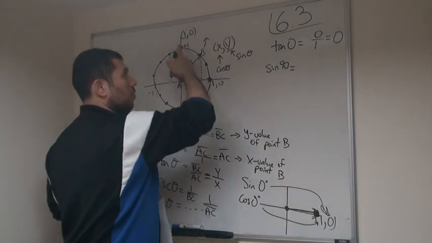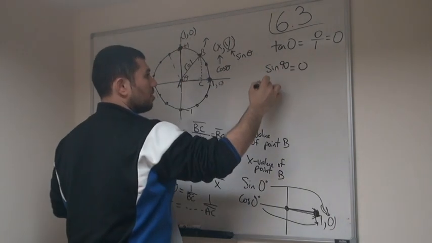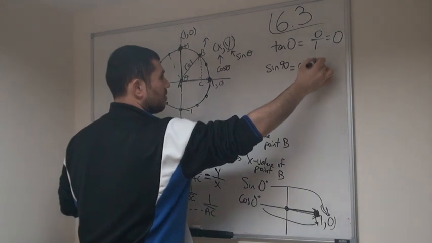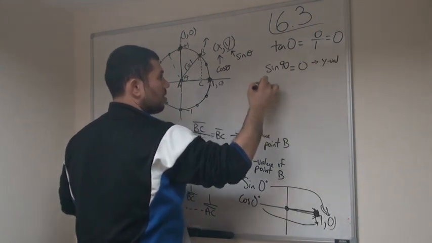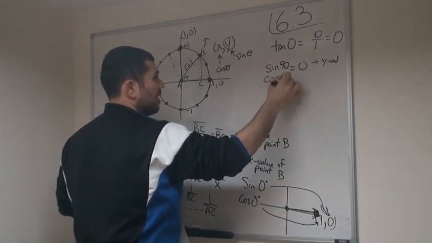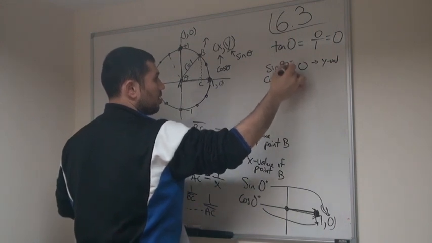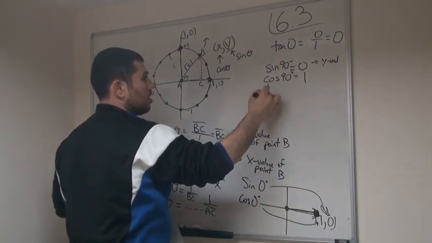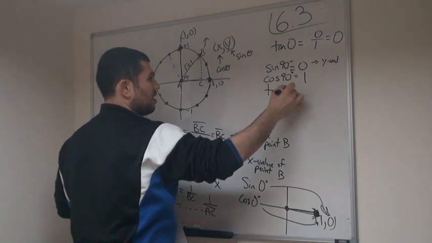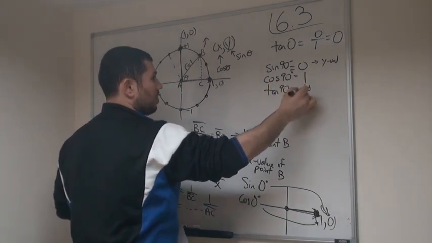The y value of (1, 0) is 0. That's the y value. The cosine of 90 would be the x value of the point. That's a 1.